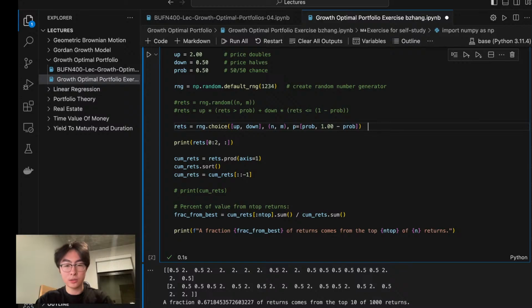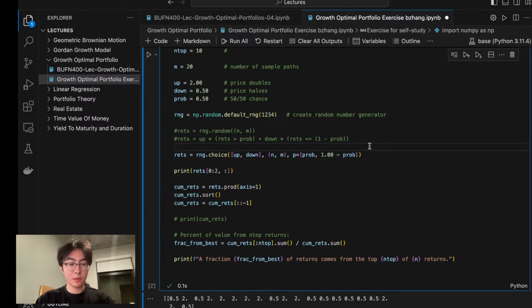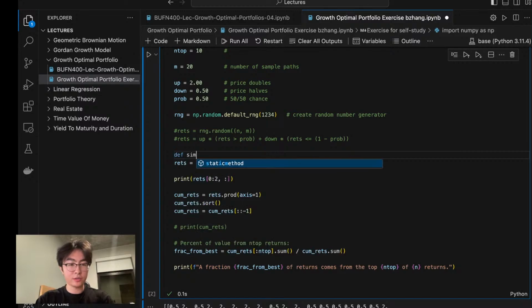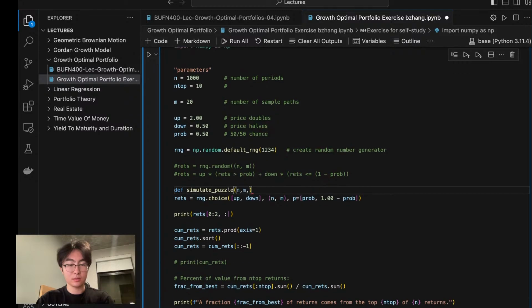Okay, so def simulate puzzle. So we have n, m, and top up, up, down, prob.